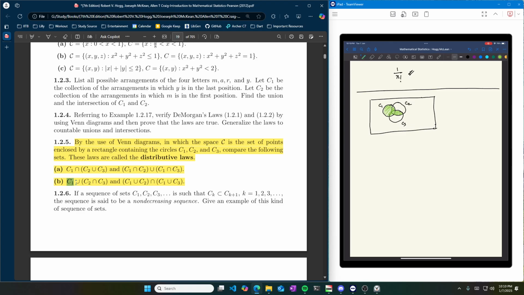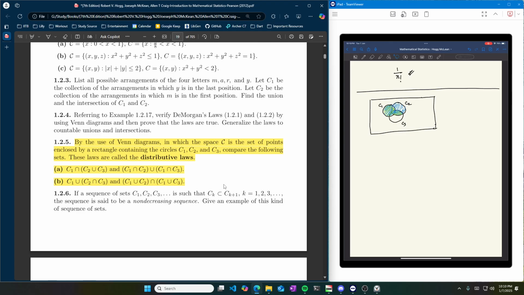Yeah, this left one was this space, the green marked one. Now let's look into this one, intersection with C1. Okay, C1 union C2 is this whole space, right?